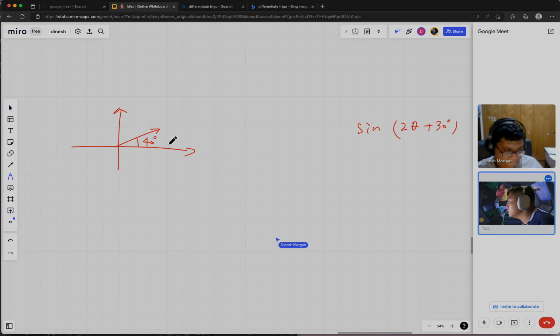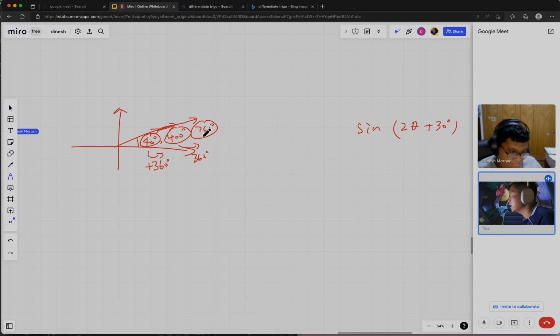If you add 360 to it, angle 400 also refers to this direction, and if you add another 360 to it, angle 760 also refers to this position. Meaning angle 40, 400 and 760 might not be of the same value, but on this quadrant, they refer to the same position.